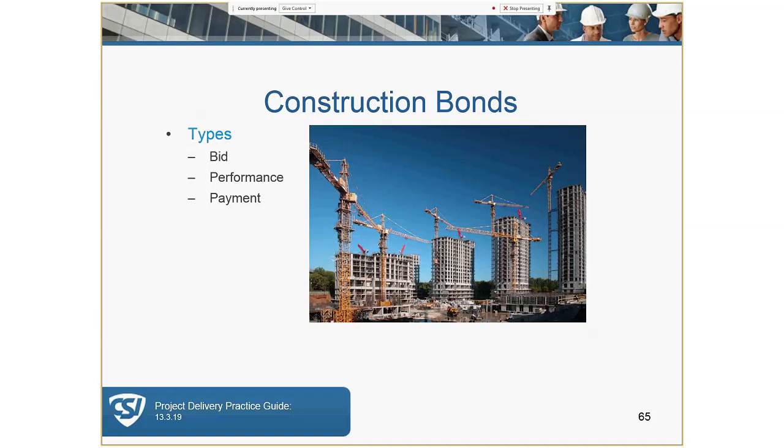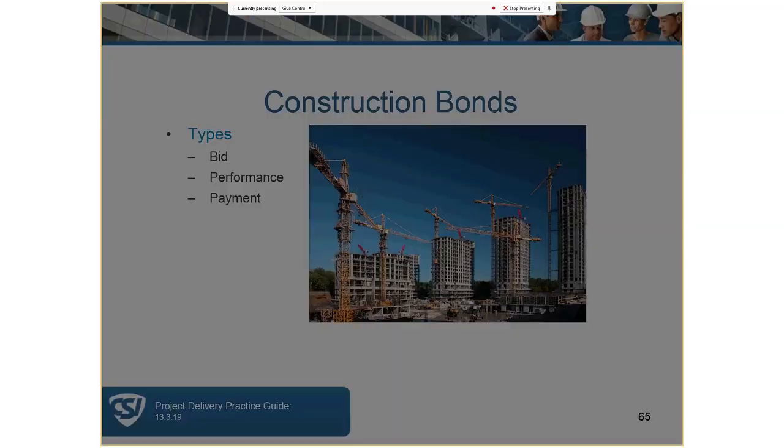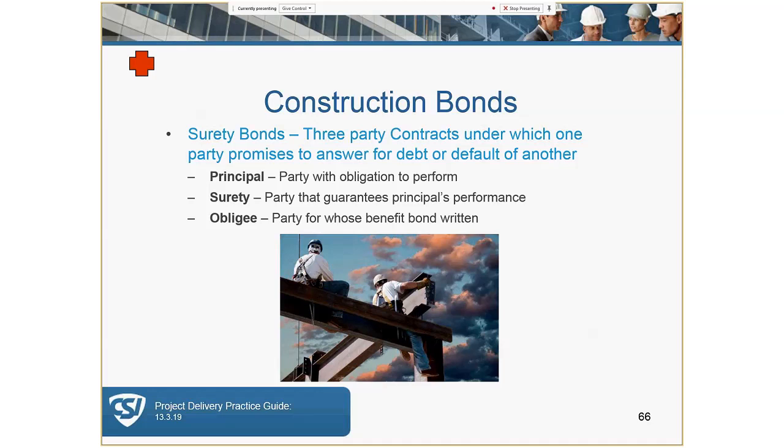As you may recall, the first of these listed is the bid bond. We've already covered that in the procurement session, but we're going to go over some of the ramifications of this type of bond in a little more detail. The surety is the entity that issues the bond, and the principal, of course, would be the contractor.